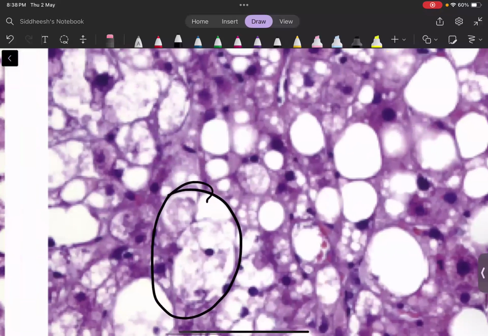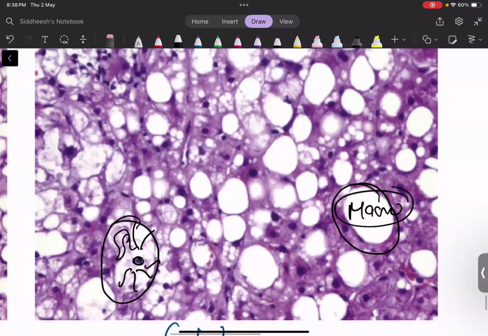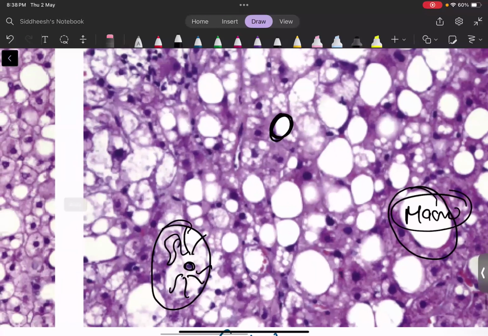This is what? A cytoplasmic condensation. This is your nucleus. This is your spider-like appearance, a classical feature for what? Ballooning. Perfectly fine. This is what? A macro. Perfectly fine answers. Then this is what? Anyone? Micro, macro. Micro. Perfectly fine. So you all are good now.